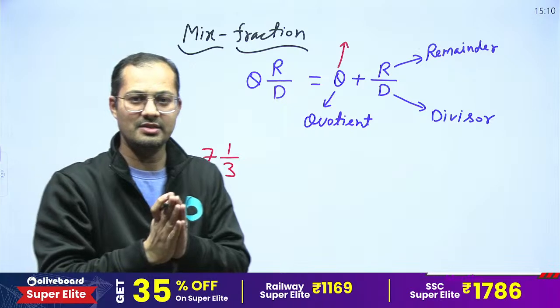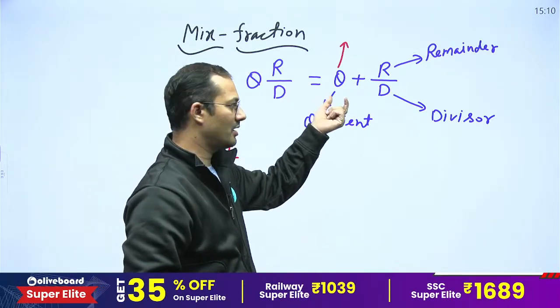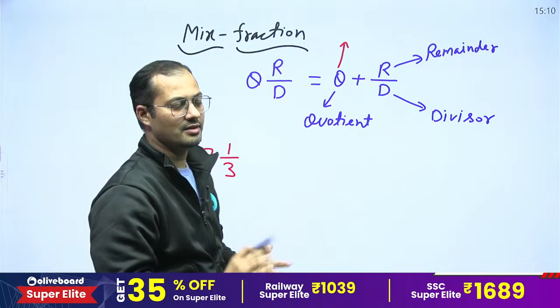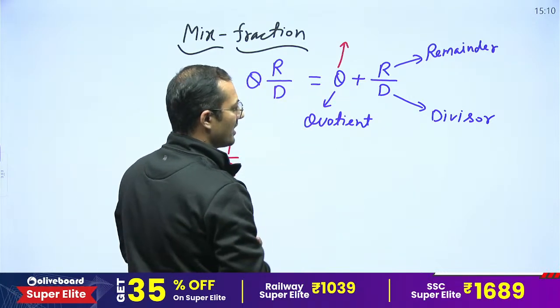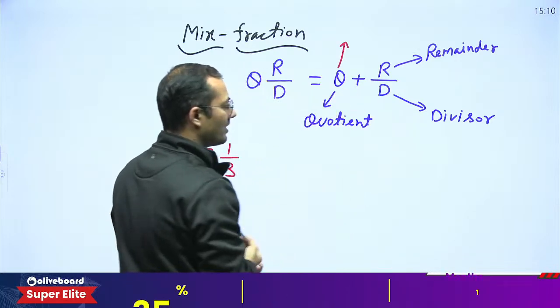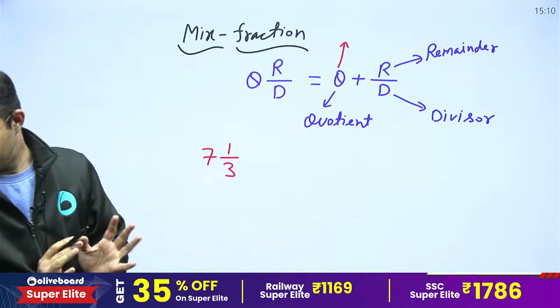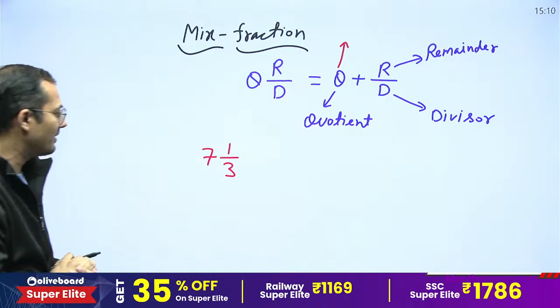In the complete number we take the quotient, and in the fraction the numerator contains the remainder and the denominator contains the divisor. Is this clear? I hope this is very clear.